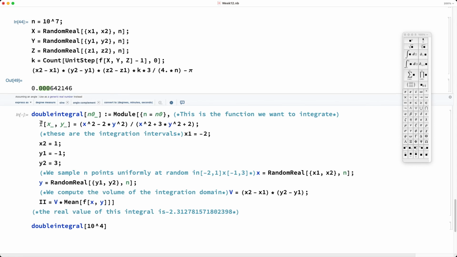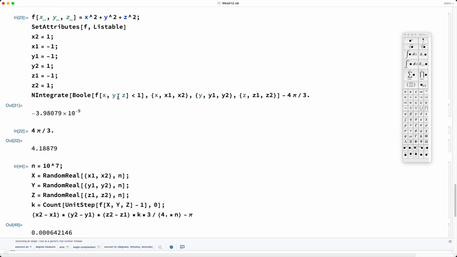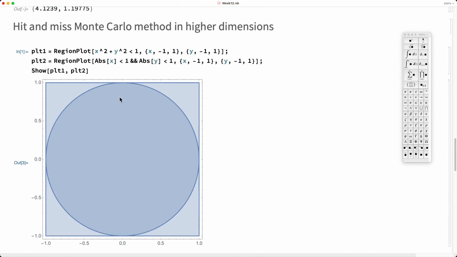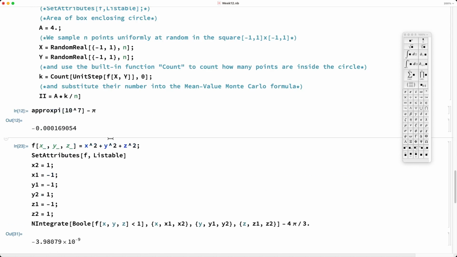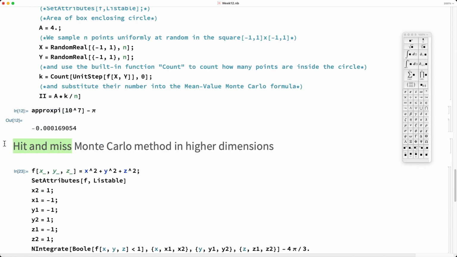So finally, let's suppose I want to calculate a 2-dimensional integral. I'm going to go back to the mean value method. So this is the mean value Monte Carlo method in higher dimensions.